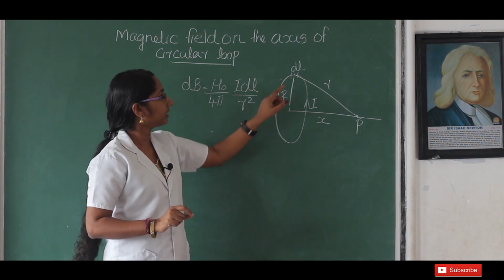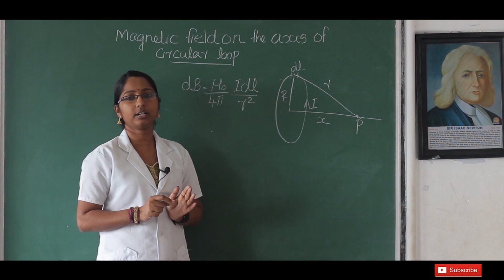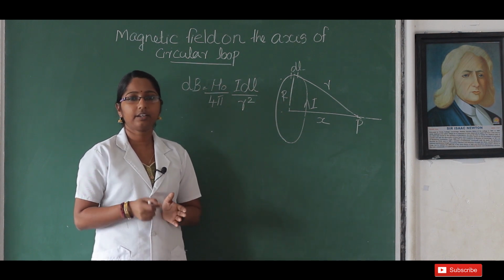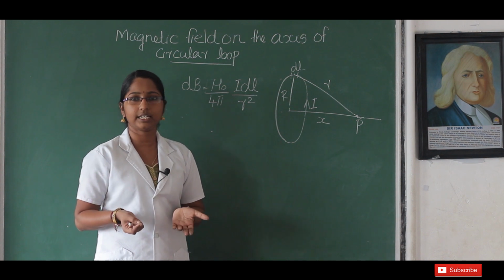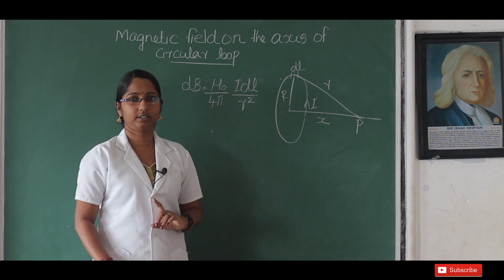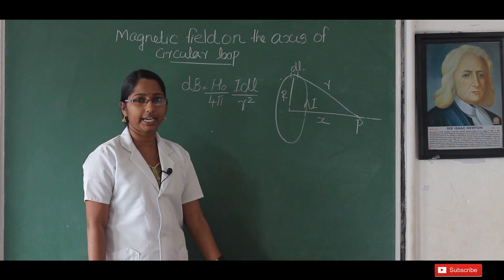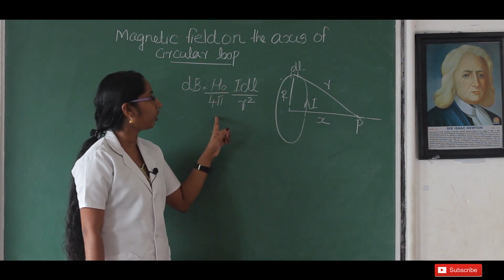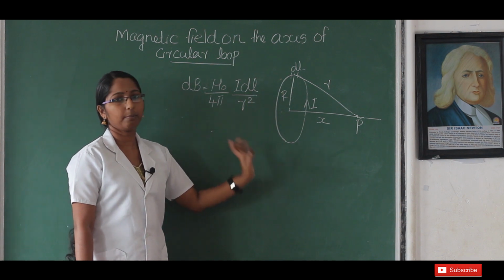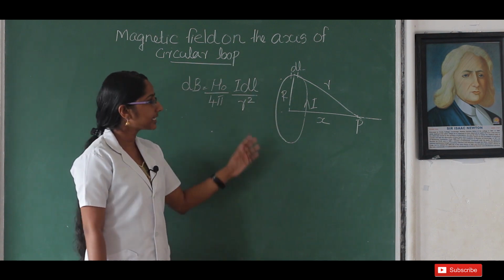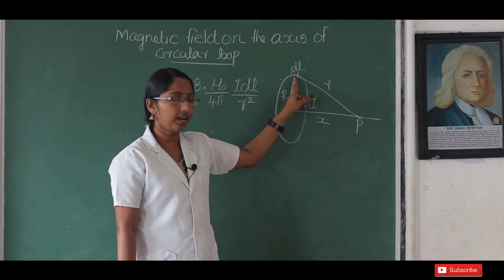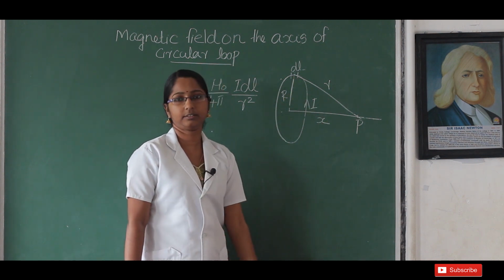So our theta is 90 degrees, and we know sin 90 is 1. So I am omitting this term sin theta. Then the equation is mu 0 by 4 pi I dl by r square. That is the magnetic field due to the small element dl on this point P.